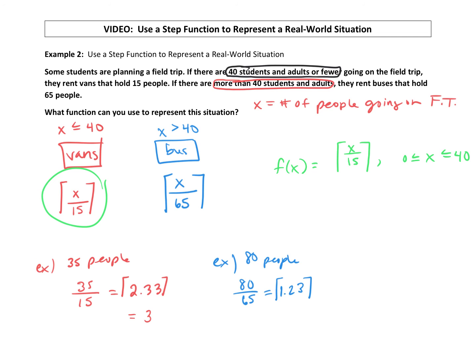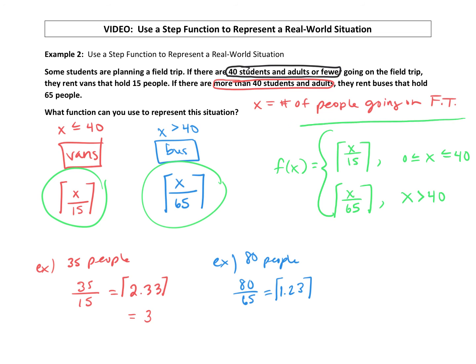All right, well then we need to represent what if you have more than 40, so we're going to include the other part, the ceiling function of x divided by 65, so we're rounding up, and we use that function when our number of people is greater than 40. And this is our function that represents the situation.